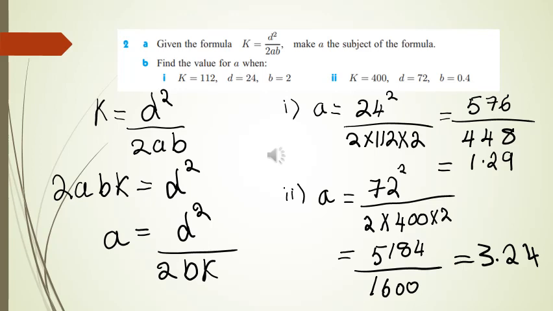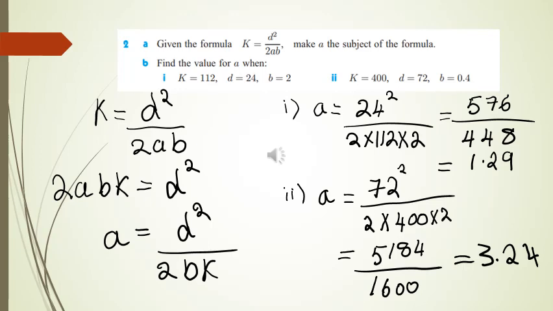Please follow the order of operations. So solve for 24 squared first, it's 576, and then solve the multiplication in the denominator. 2 times 112 times 2 is 448. So divide 576 by 448, it equals 1.29.